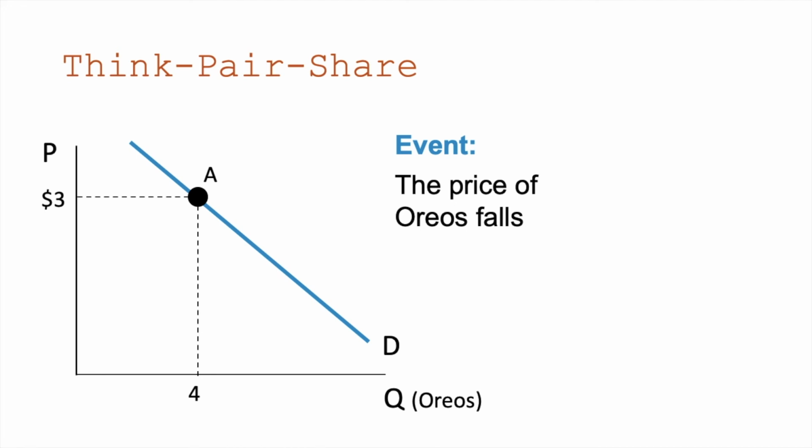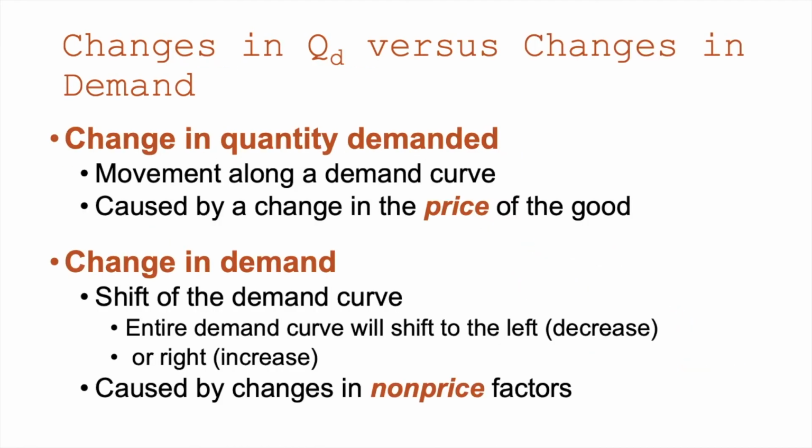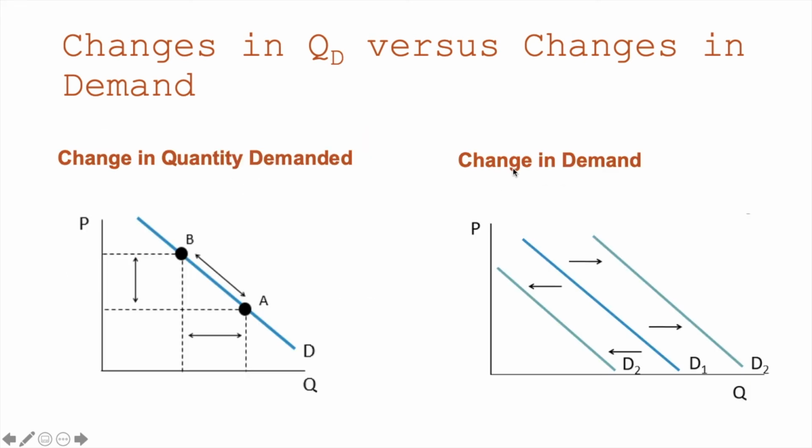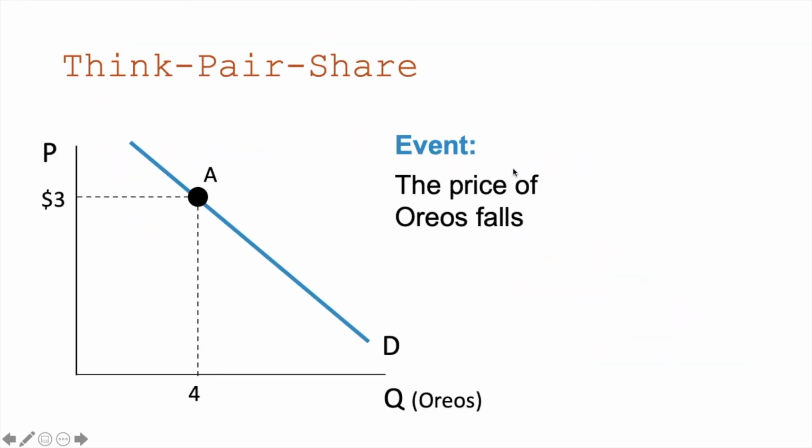So I'm going to go back here. When I change the price of a good, we say the quantity demanded will change, and we're going to show it as a movement along the curve. So the way I would show that here is I'm going to move from point A to a point that's down and to the right along this demand curve, something like point B, and my quantity demanded will increase, let's say from 4 to 5.